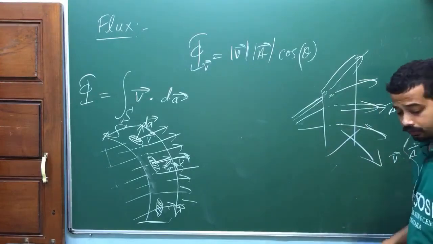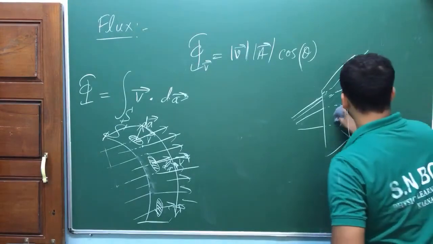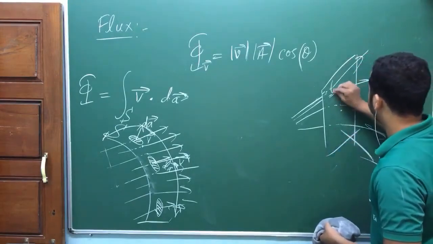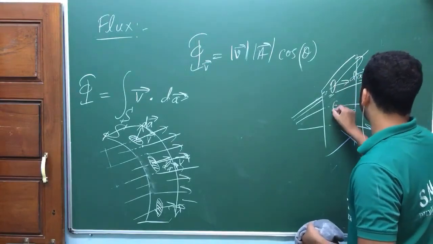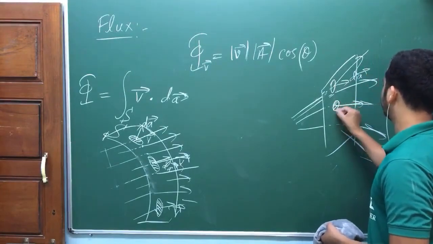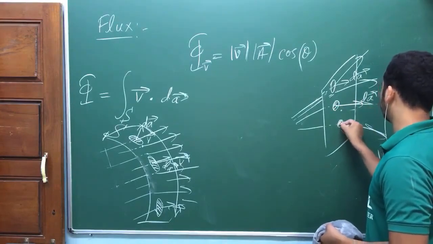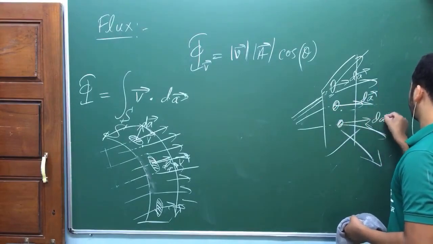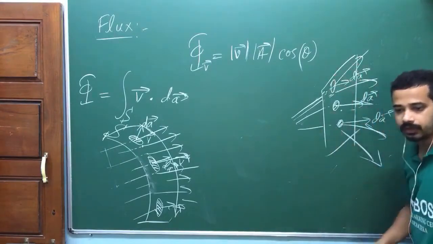Then also what you have to do is divide this area into small patches. You have to consider dA here, and here, and here. You have to take the dot product at each and every point. Then you have to integrate.